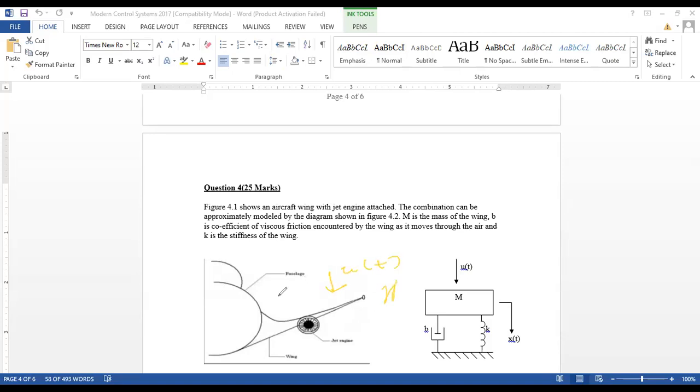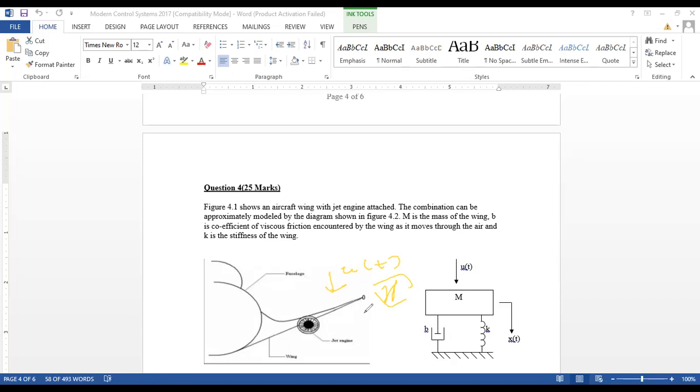So the wing is prone to vibrate up and down. The mass of the wing is M, and as it vibrates, it's attached. So therefore, the K for the spring constant is going to take into consideration that the wing is attached, so when it's vibrating, it's going to act as if it is attached to a spring.